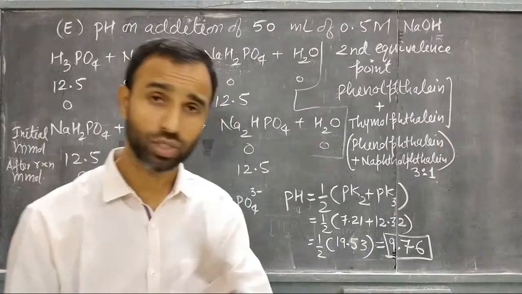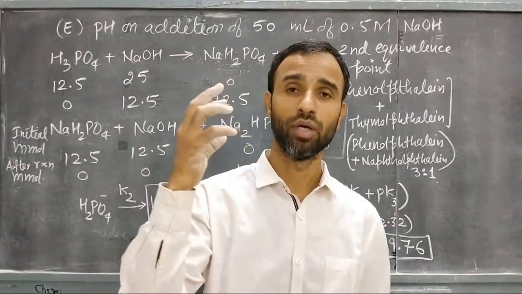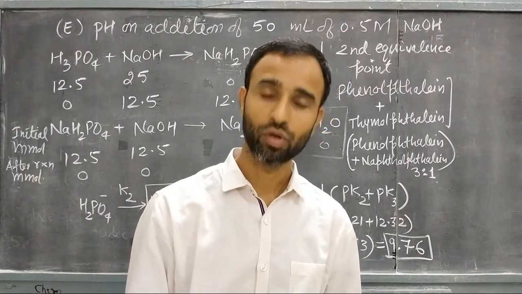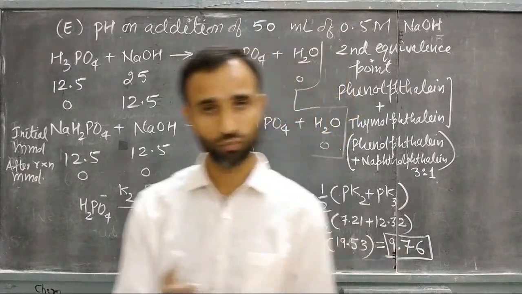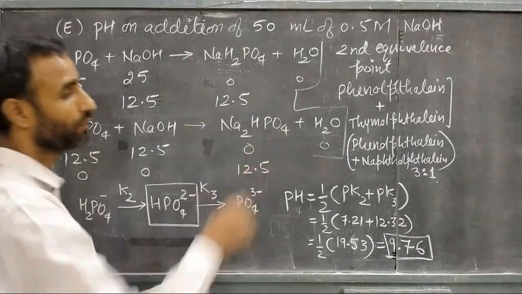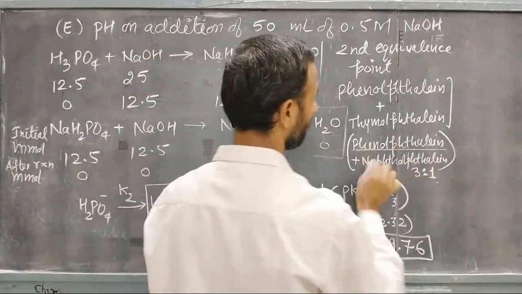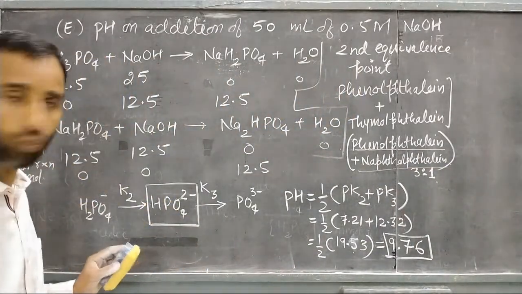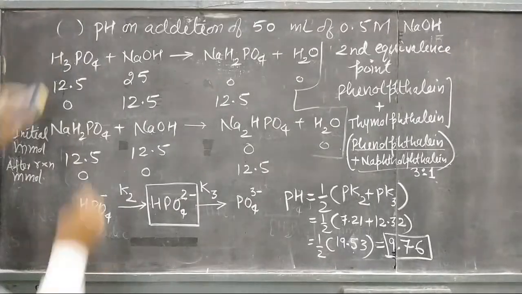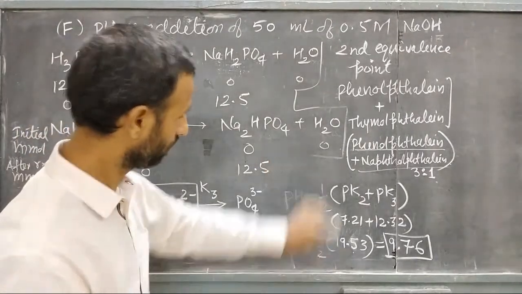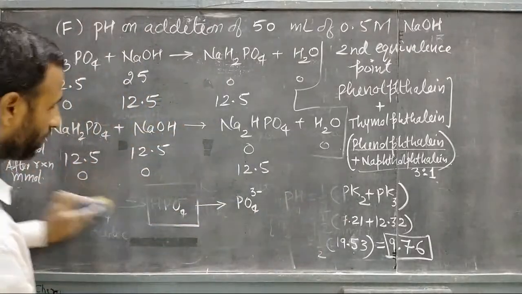For the first equivalence point, we add methyl orange or bromocresol green. Here we use the 3:1 mixture of phenolphthalein and naphtholphthalein. Okay, so this is all about the second equivalence point.